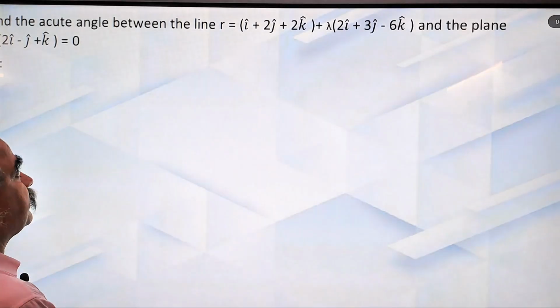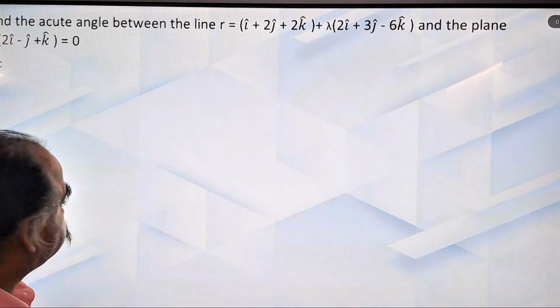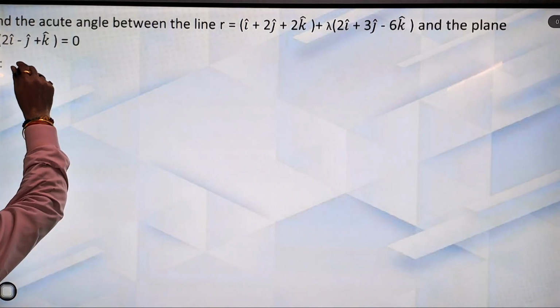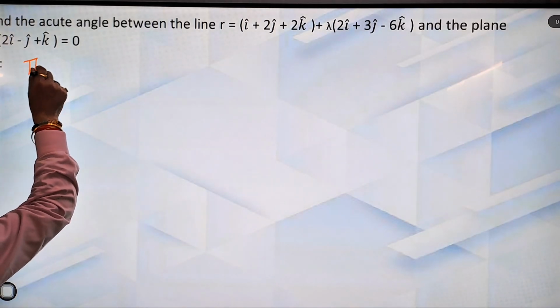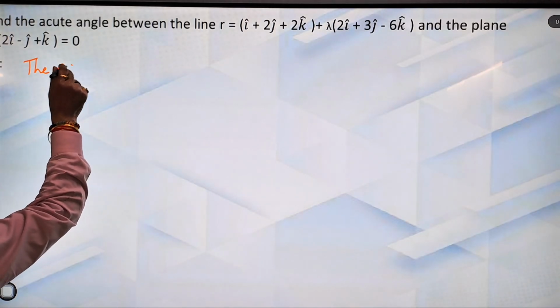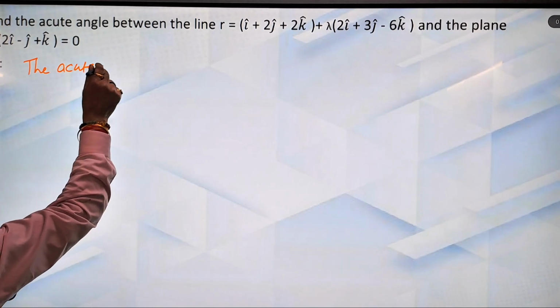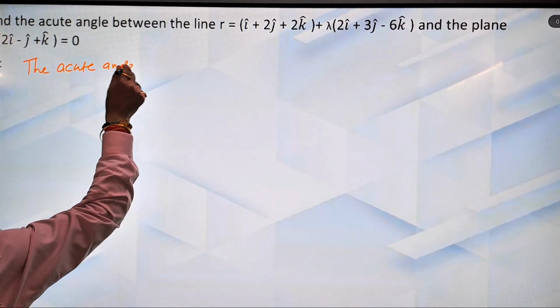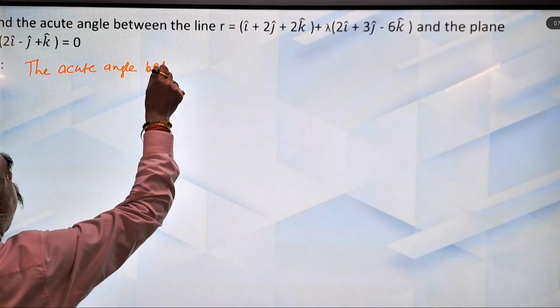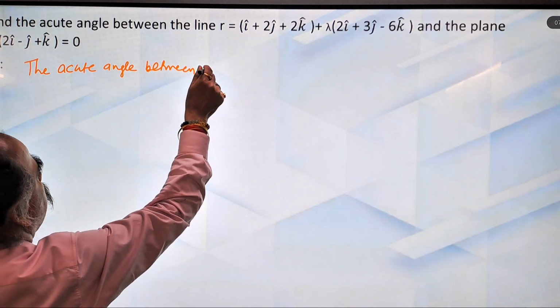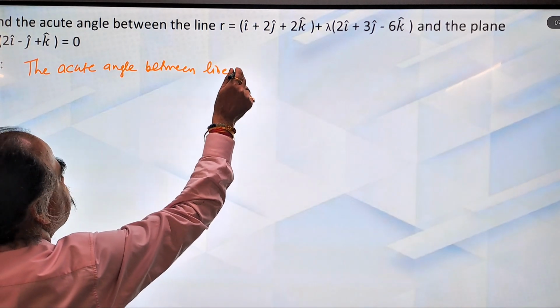Find the acute angle between a line and a plane.